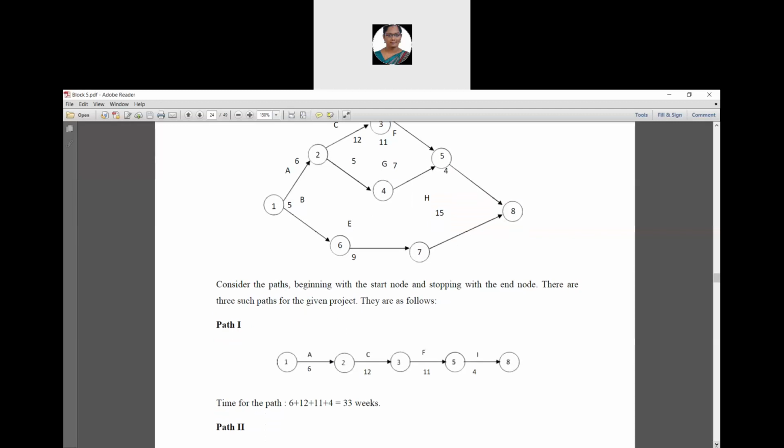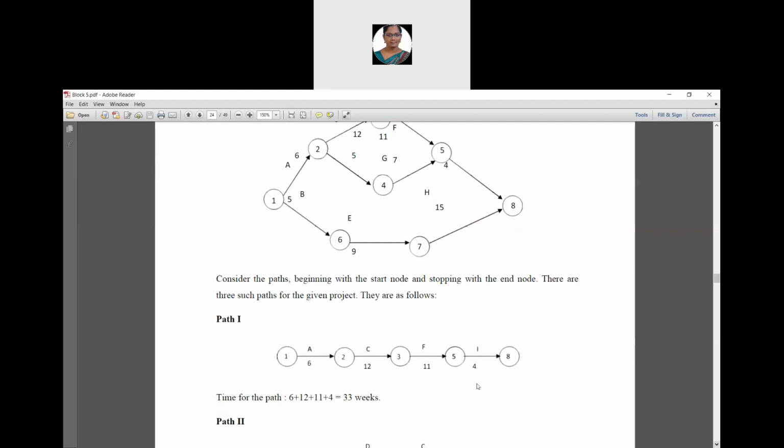So 1 to 2, 2 to 3, 3 to 5, 5 to 8. 1 to 2 has activity A, and its time duration is 6. 2 to 3 has activity C, and its time duration is 12. 3 to 5 has activity F, and its time duration is 11. And 5 to 8 has activity I, and its time duration is 4.